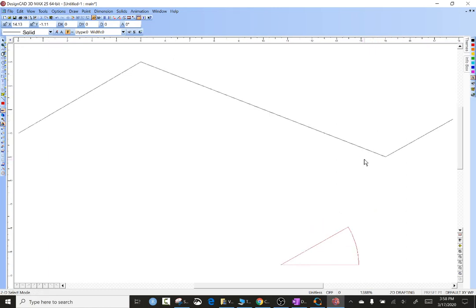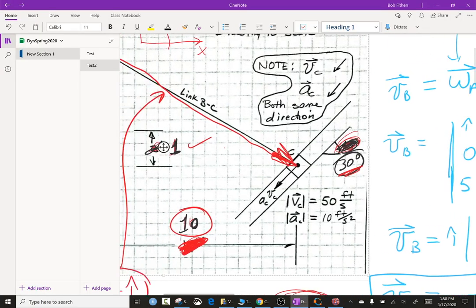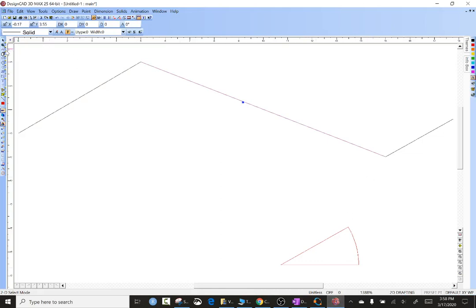Next thing I'm going to do is an instant center. So this rod right here is the link BC. I know the velocity is going straight down in that direction, so here's what I'm saying.